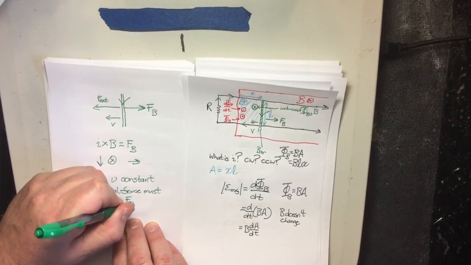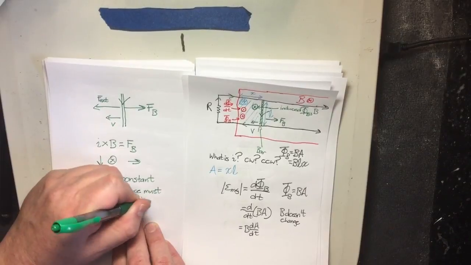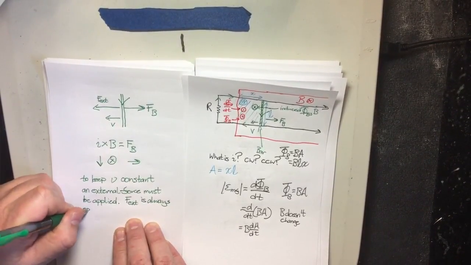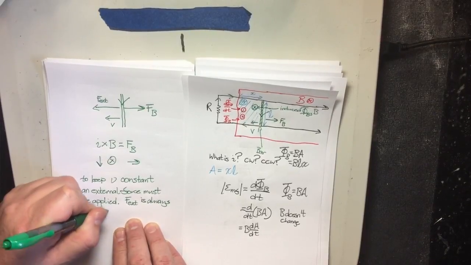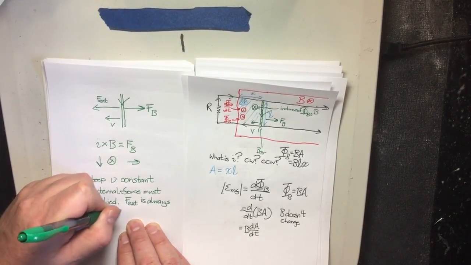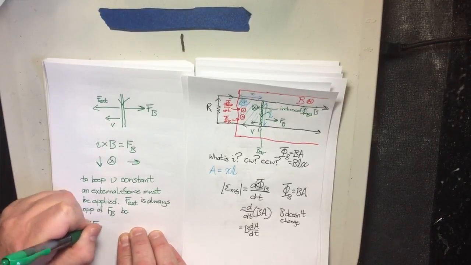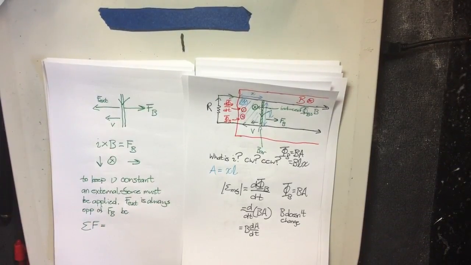And F_ext is always opposite of the magnetic force. What do you know about velocity being constant?